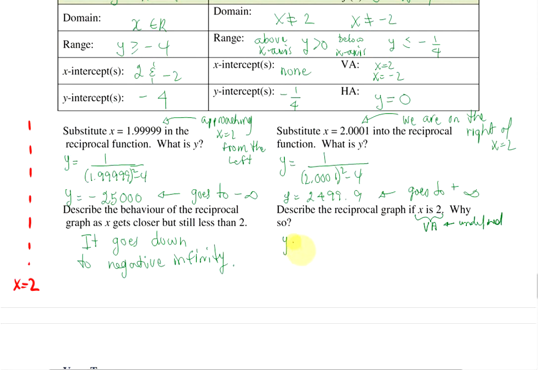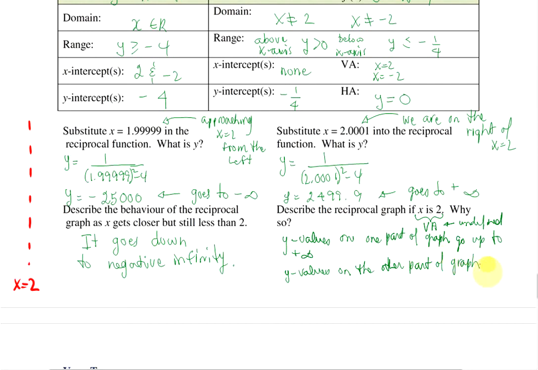The y values on one part of the graph go up to positive infinity, and the y values on the other part of the graph approach 0.